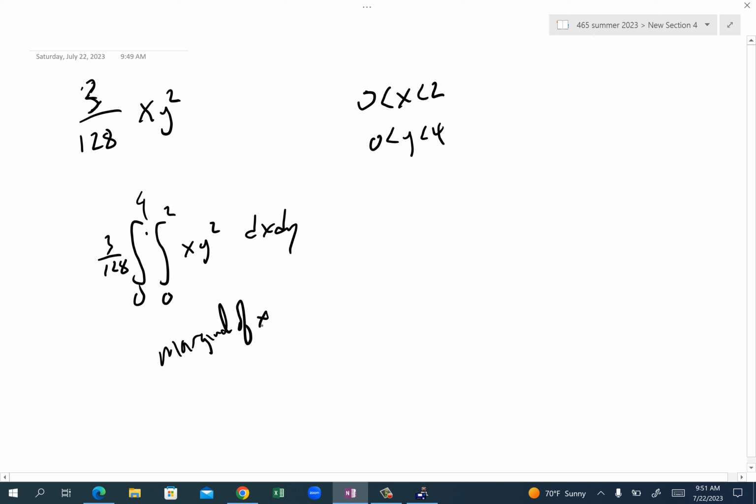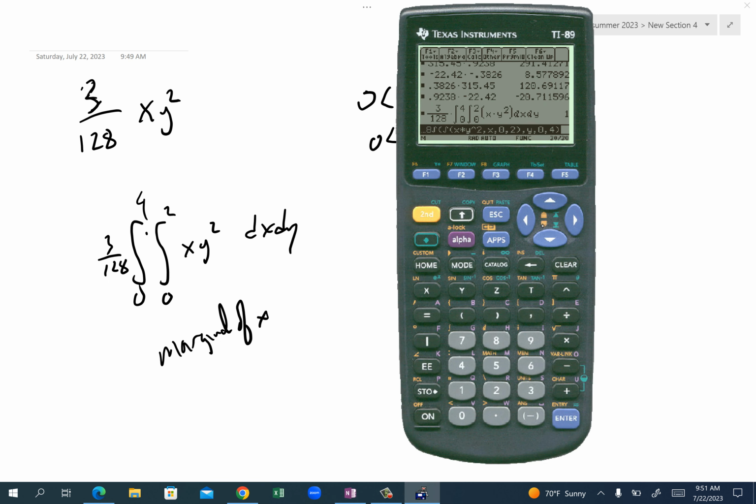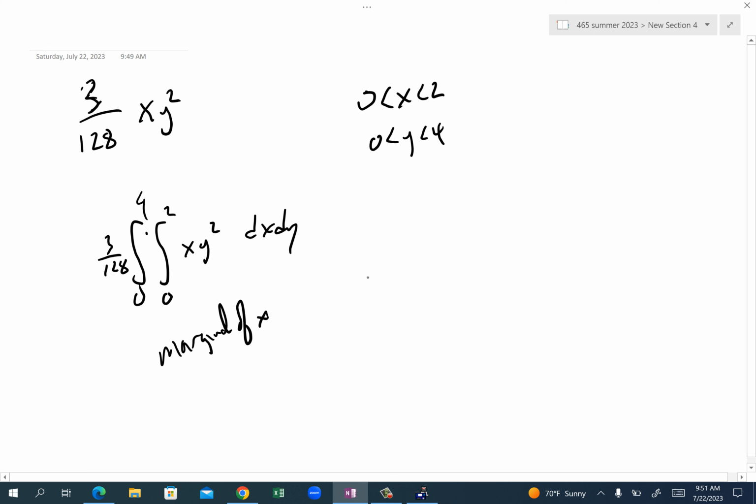All right, so we'll ask you for things like, what's the marginal of x? I don't know, let's find out. So for the marginal of x, we're simply going to integrate the y's out. So get in here, get rid of one of the integrals. So x over 2. That is, I integrated the y's out.